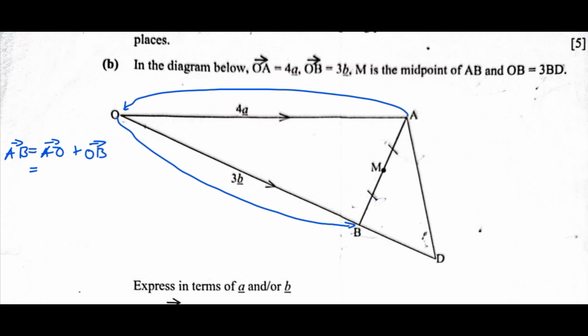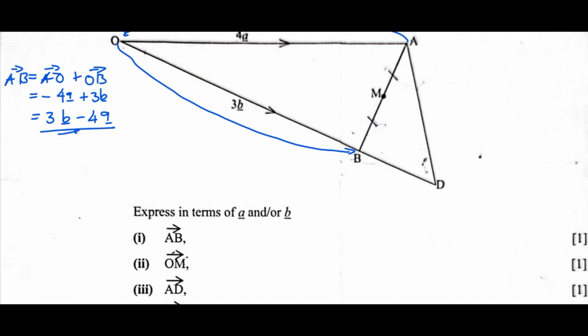Now remember, OA is 4A. So if we move from A to O, we are moving against the arrow. So introduce the negative. So this will be negative vector 4A. Then OB, we just get it the way it is, vector 3B. So we have 3B, we begin with the one with the positive. So 3B minus 4A. So this is our vector.